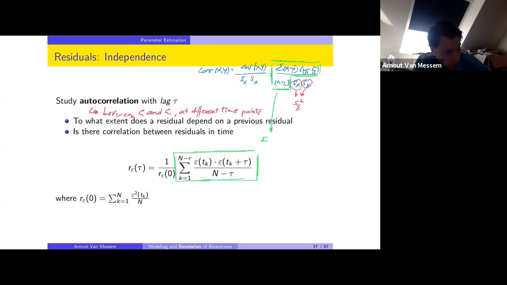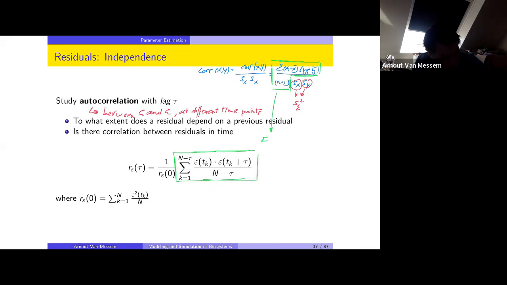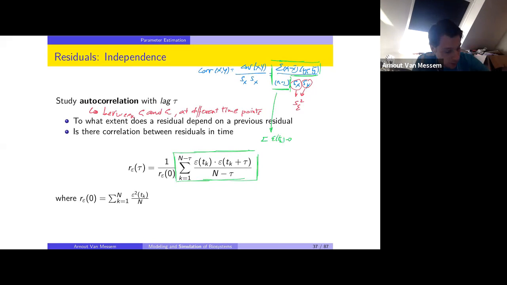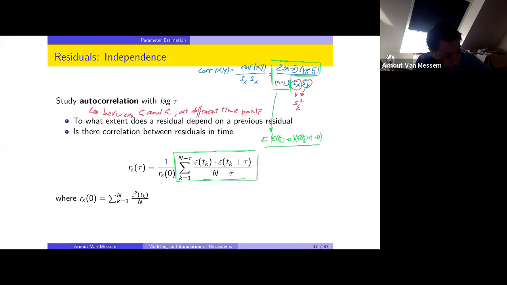This time it will not be a sum over i, but a sum over the values k up to n minus tau, for the lag. So xi is epsilon at time point tk. We know that the average for the residuals is 0. And then you get the same thing, but at tk plus tau, minus again the average of 0. And then you have to divide.